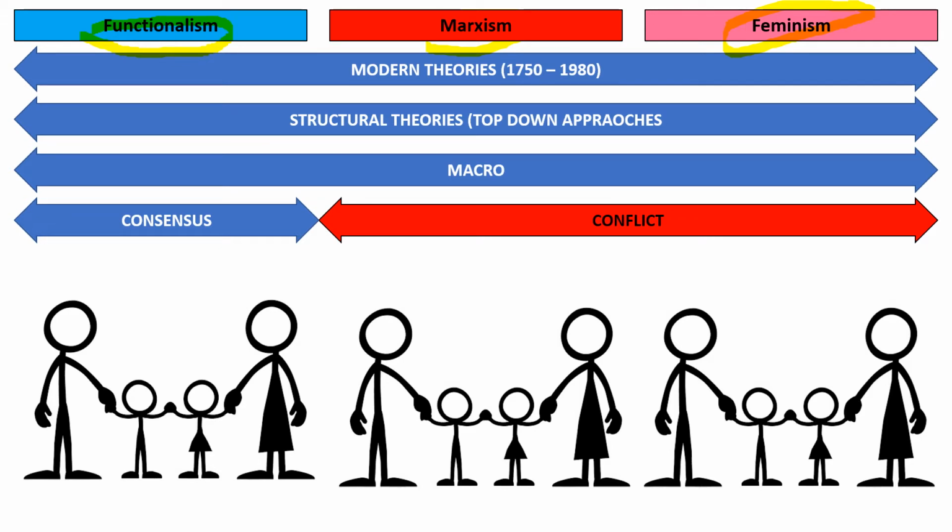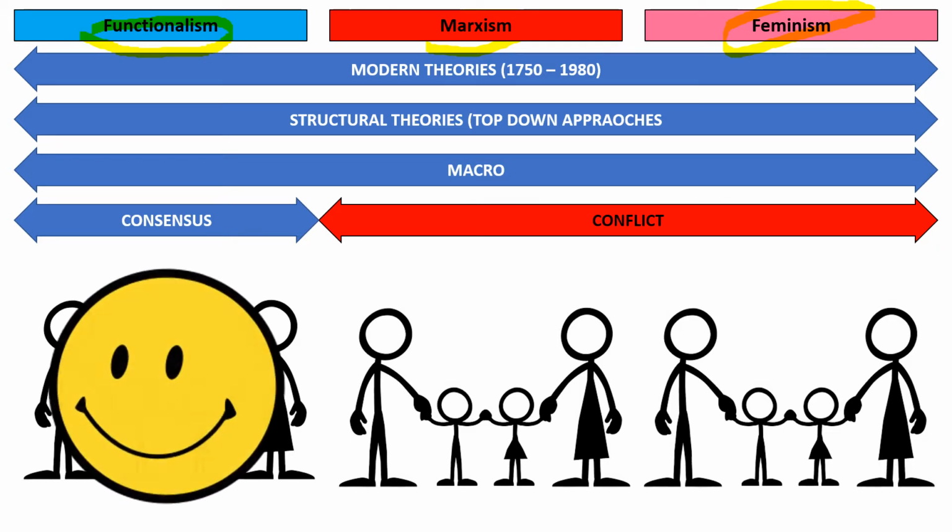Now, this is where the similarity differs though. Although they're all looking at traditional nuclear families, they all have different views on how the family works and who the family benefits. So within functionalism, our first theory, the family benefits society. So society as a whole benefits from the role of the nuclear family.